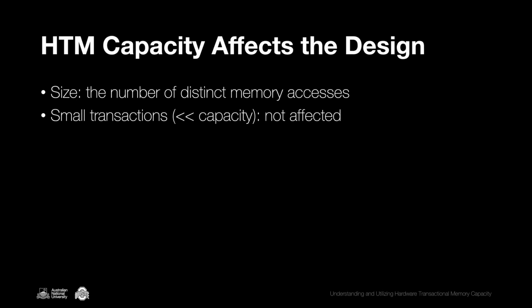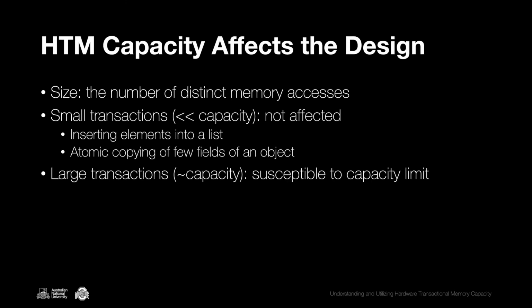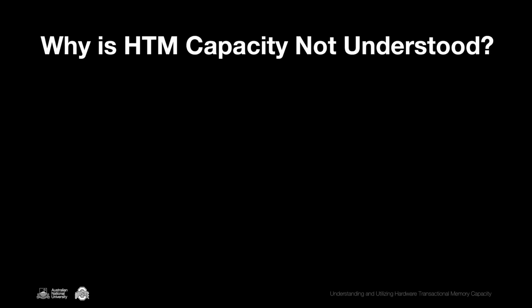Small transactions, such as inserting elements into a list, or atomic copying of a few fields of an object, are not affected. However, large transactions, which are required for use cases like side-channel attack mitigation, or copying multiple objects and updating their references, could abort due to a capacity limit.